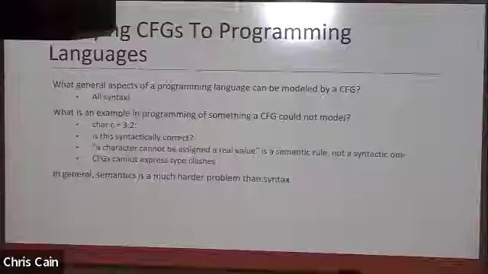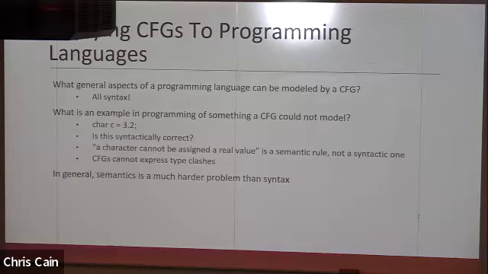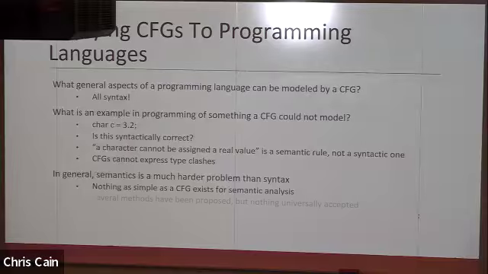So semantics in general are harder than syntax, which is why we focus on syntax in this class more than we focus on semantics. But nothing as simple as just a context-free grammar exists for semantic analysis, unfortunately. There's nothing actually out there that's universally accepted for it. So there are many design philosophies surrounding how to handle semantics.